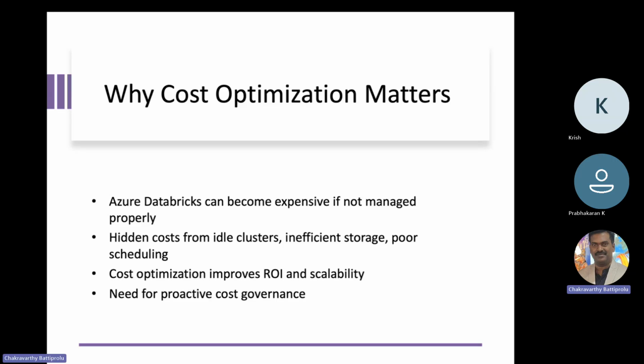On any cloud platform, cost governance is a continuous activity. Every quarter, every month, someone has to review the different services, whether they are in budget or out of budget, and what the factors are that are increasing the cost. It's a continuous practice.